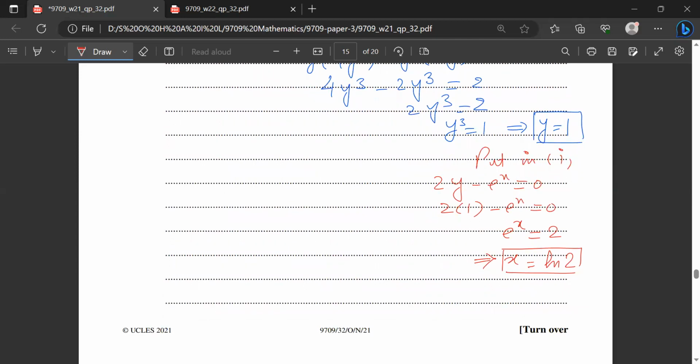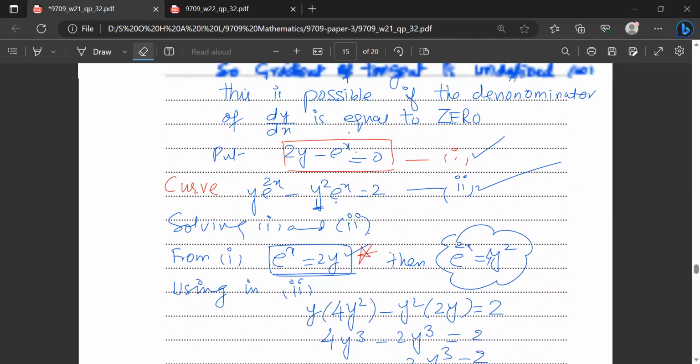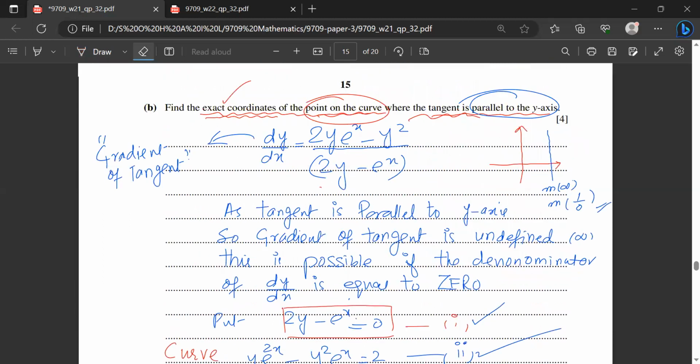Hence, the exact coordinates are natural log of 2, comma 1. These are the exact coordinates of the point on the curve where the tangent is parallel to y-axis.